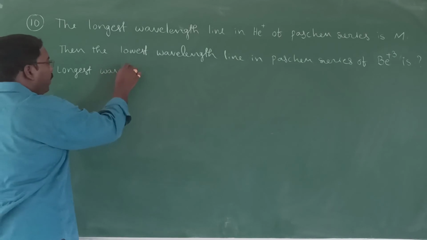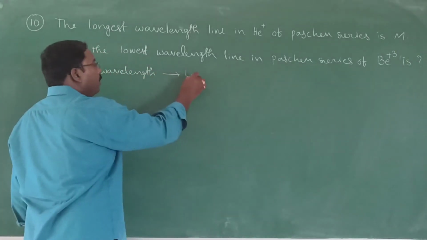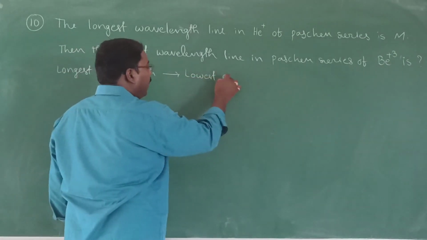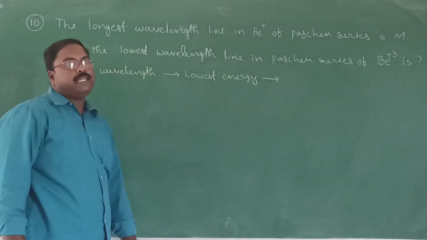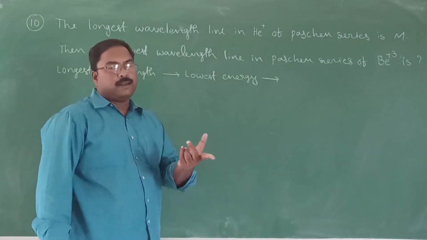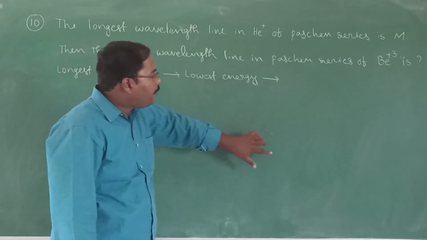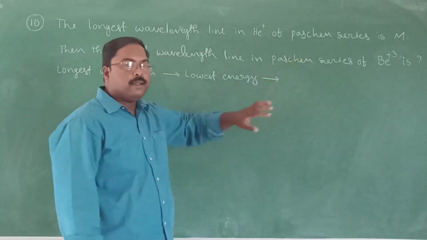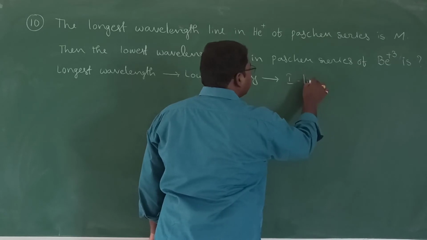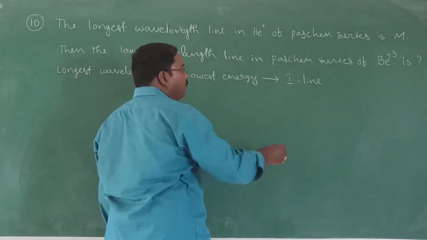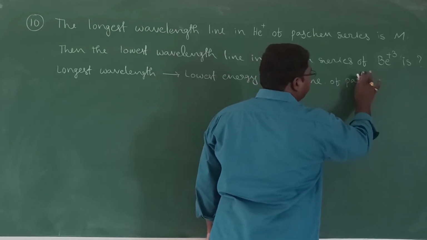Longest wavelength is nothing but the lowest energy line. Lowest energy line in any series is which one? The first line. The first line requires the lowest energy when compared to the last line. So it is nothing but the first line of the Paschen series.